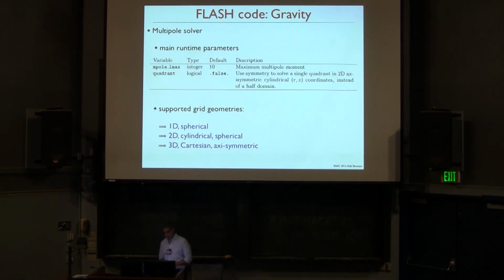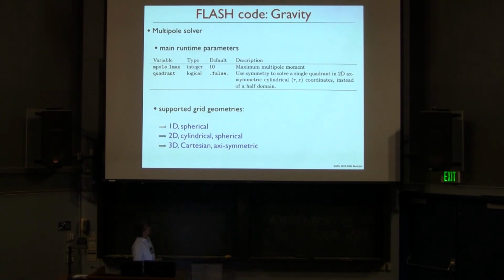And it also supports what is called a quadrant solution only. So if your system is highly symmetric, in particular for a 2D axisymmetric situation, you only compute your solution for one quadrant instead of the full simulation box, and just copy the results to the other parts. That, of course, speeds up the simulation quite a bit.